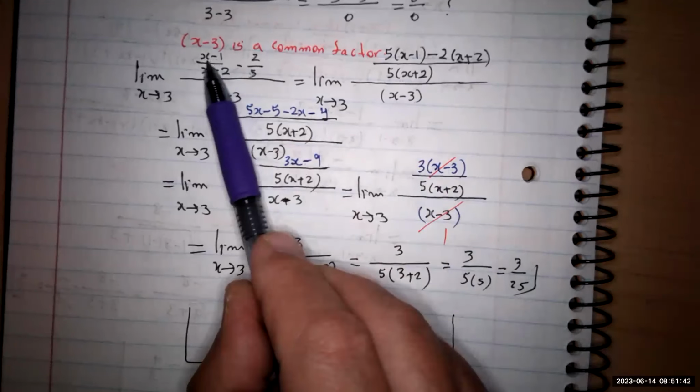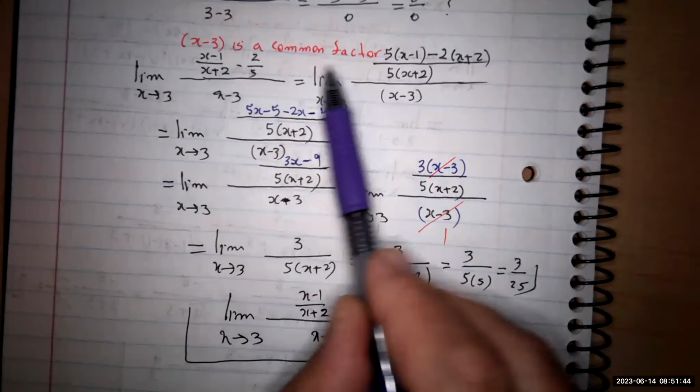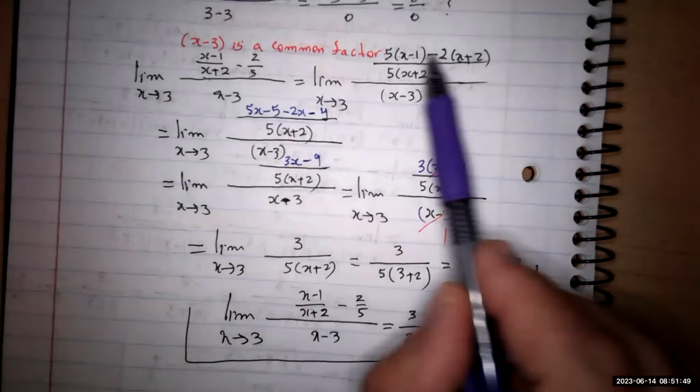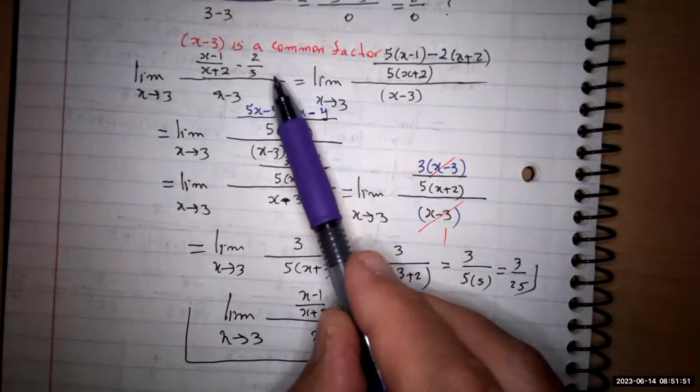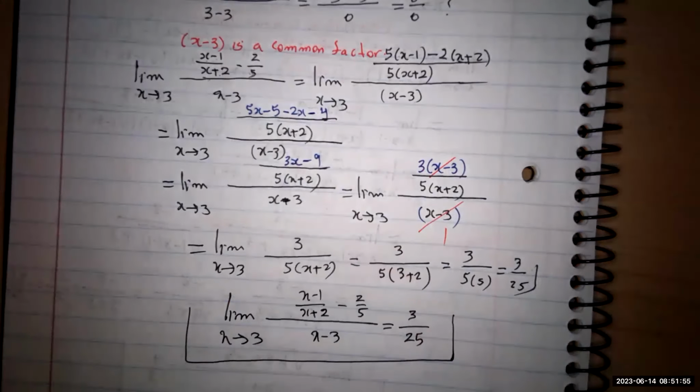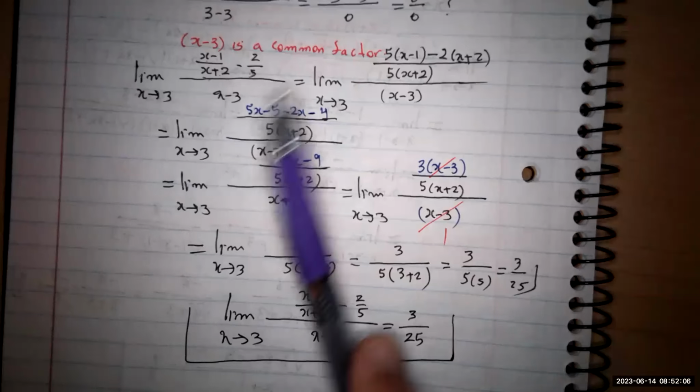This x minus 1, the missing part is 5, so that's why we multiply by 5. And over here, the missing part is x plus 2. Or just cross multiply, or whatever method you prefer from algebra. There is another method in algebra where they multiply the top and the bottom by 5 times x plus 2, but not a big deal really. So keep it in this form.